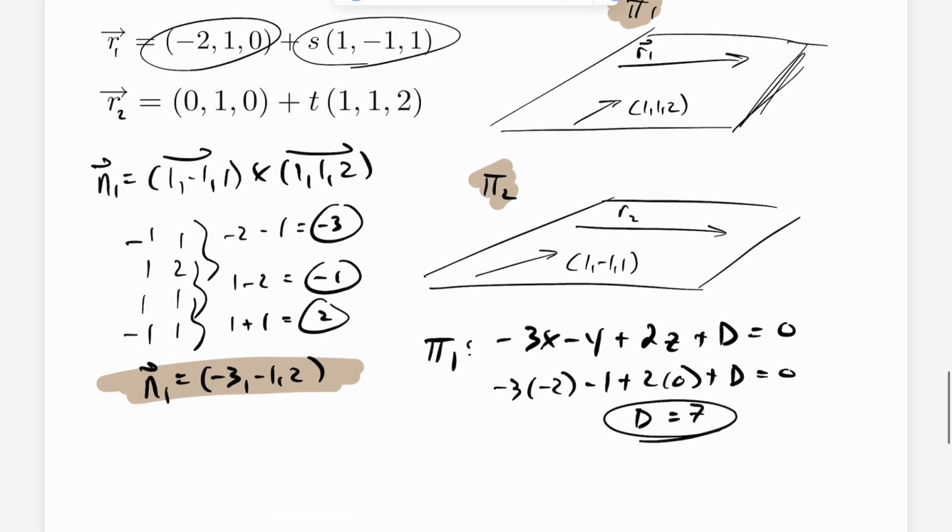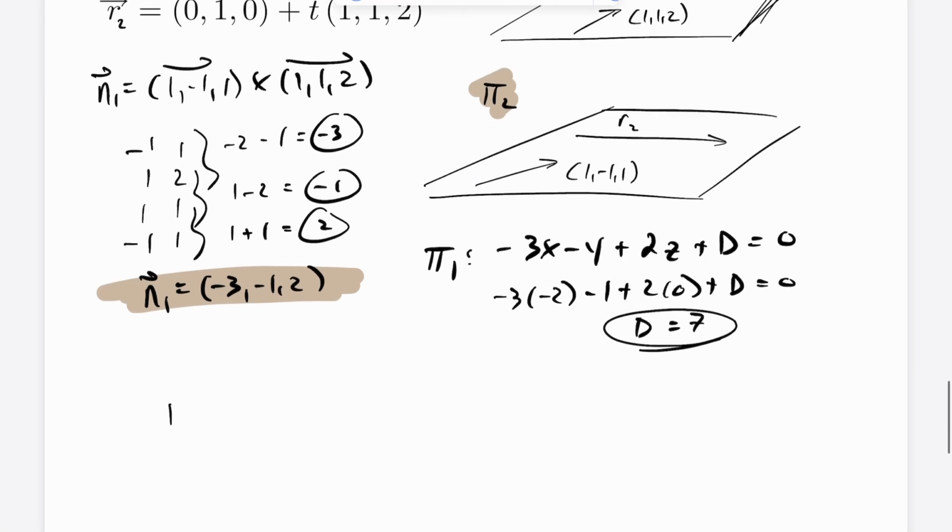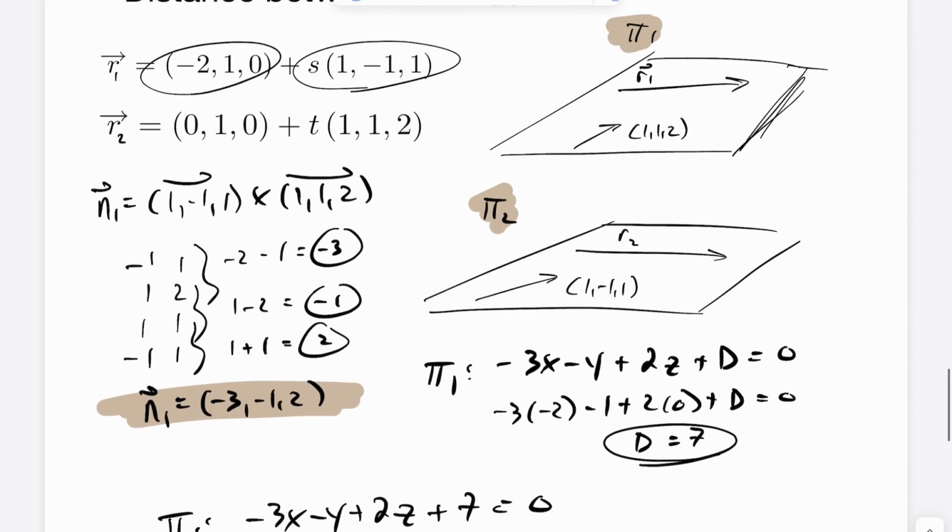So now I have a plane 1, and the equation of plane 1 is -3x minus y plus 2z plus 7 equals 0. And I want to find the distance. The initial question was the distance between two lines that are skew. So I wanted to find the distance between these two skew lines.